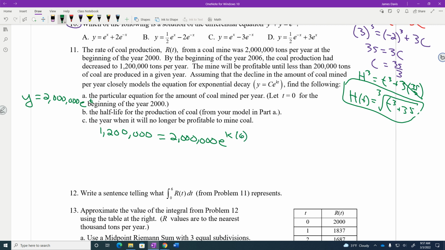The common mistake is to write 2006 there. Just to make sure, like it says the note that t is the beginning of the year 2000. So we're 6 years from the year 2000. So we just need to go ahead and solve for that.